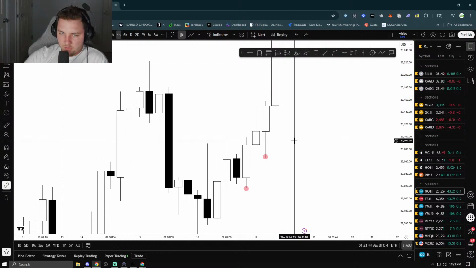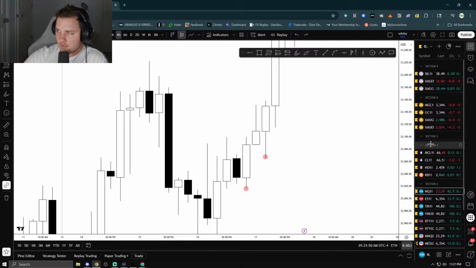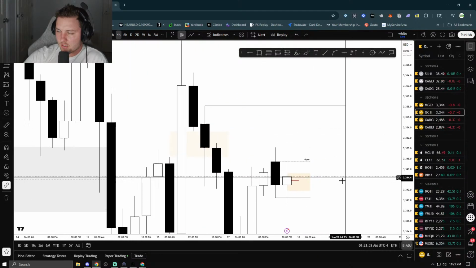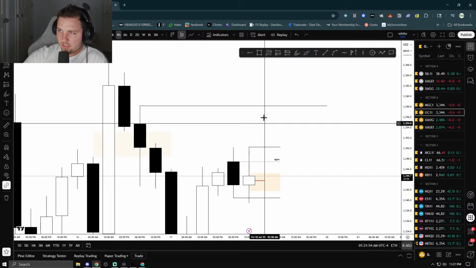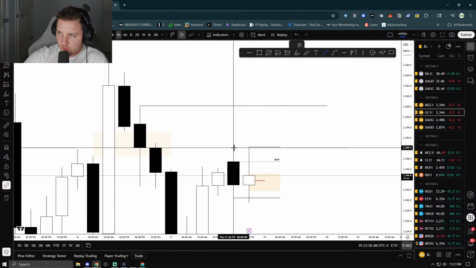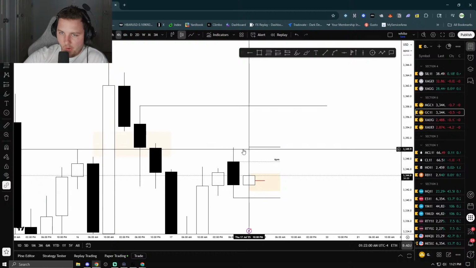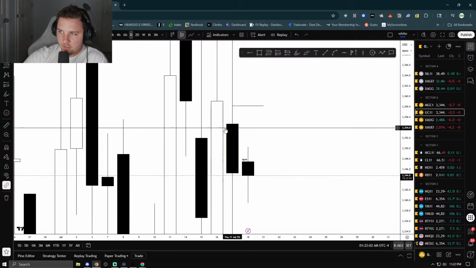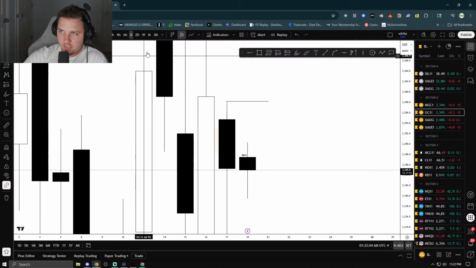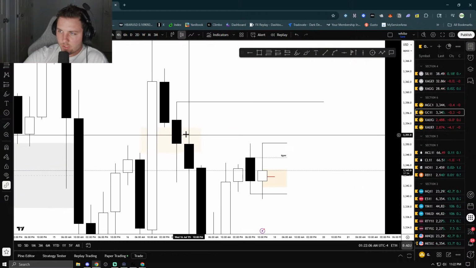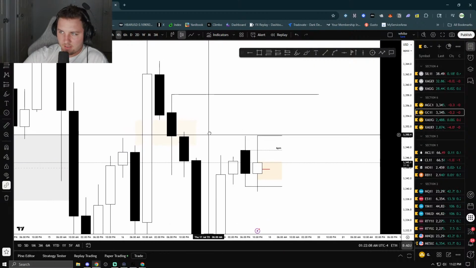That would confirm this to be a protected low that we can trade away from. Like if we take the 4. Wait. Okay, I think I see what you're saying. So you're considering this an open high right here. The problem with that, we didn't sweep previous day. We didn't even sweep anything important.